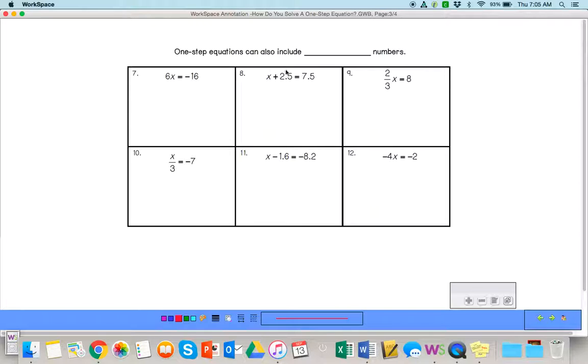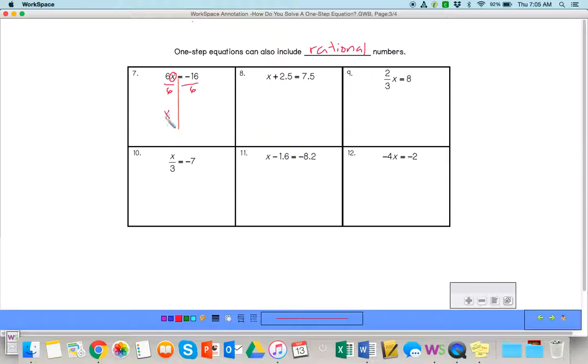Okay, so one-step equations can also include rational numbers. And we still just solve it the exact same way. Our line through our equal sign, we circle our variable. So this is a multiplication problem, so we're going to divide by 6.